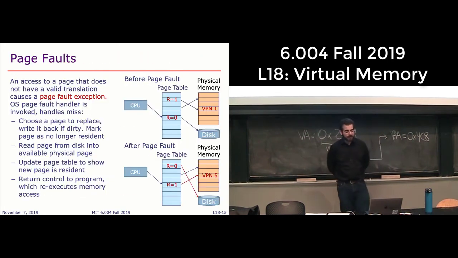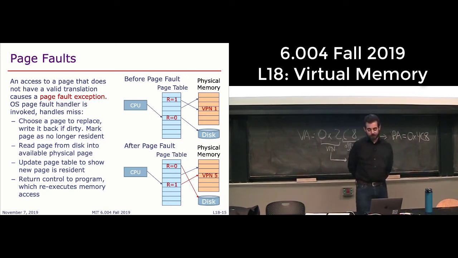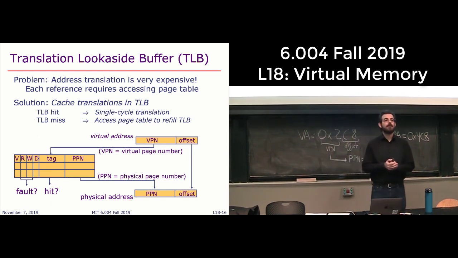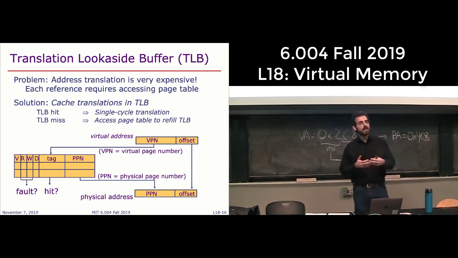Okay, so again, because misses are so expensive, we do them in software. That's nice. That's less hardware that we need to implement. The problem is we still have this issue that we need 2 memory accesses for each reference, right? Because we need to access the page table to figure out the physical address.